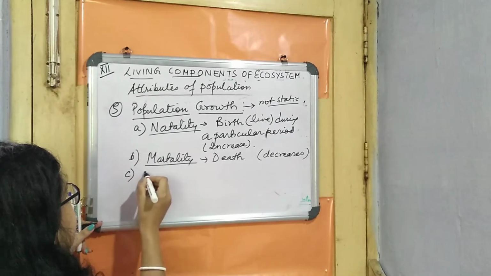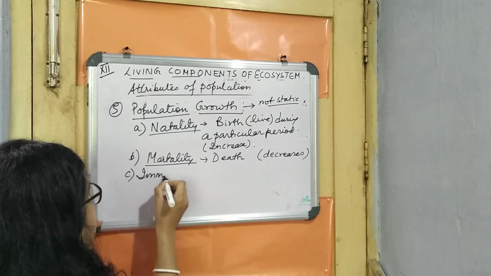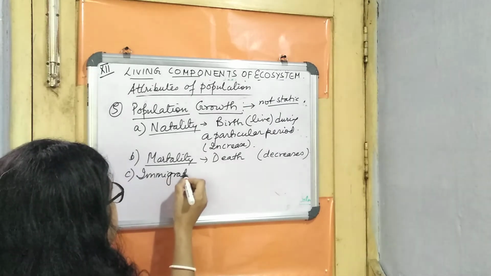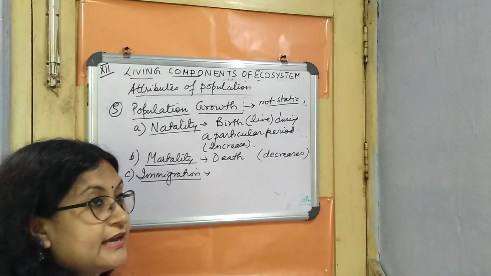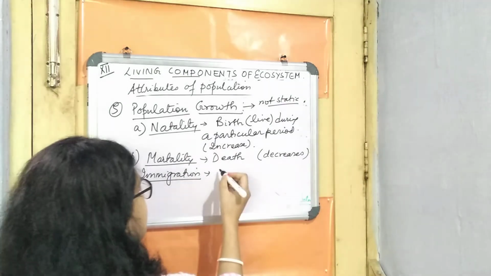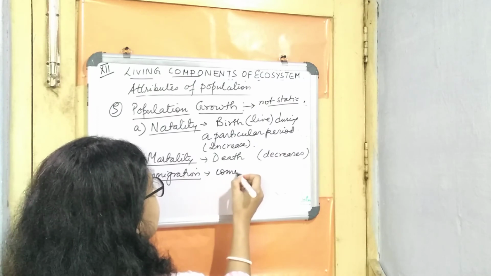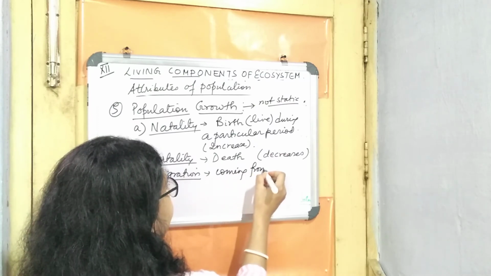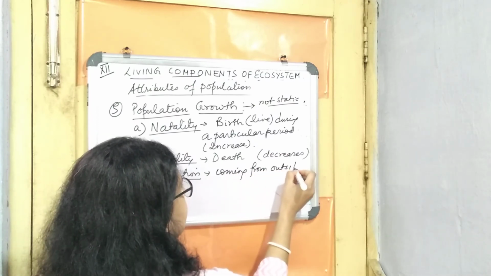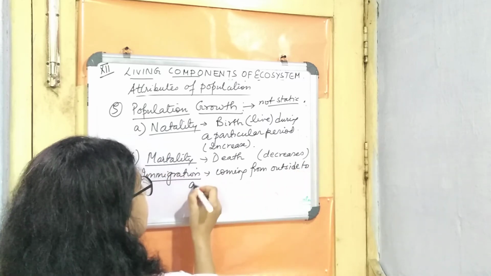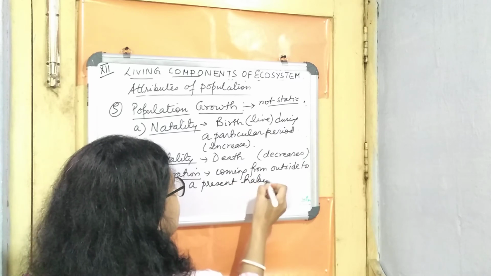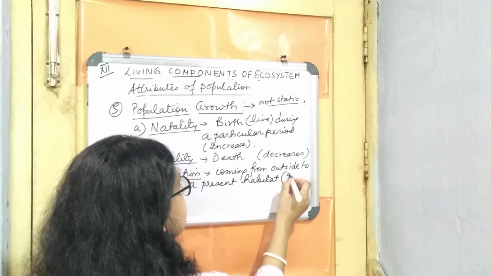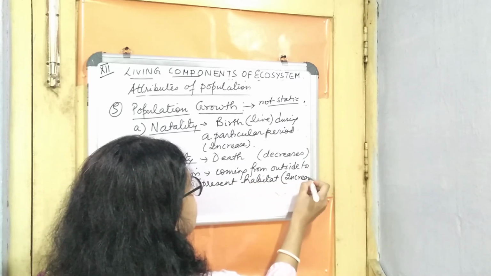Number C, that is immigration. Immigration means someone who is coming from outside to that particular habitat, to a present habitat. So obviously, this also increases the population.